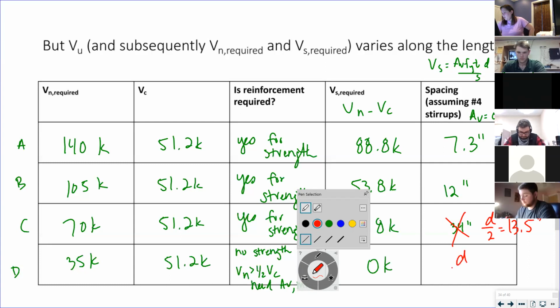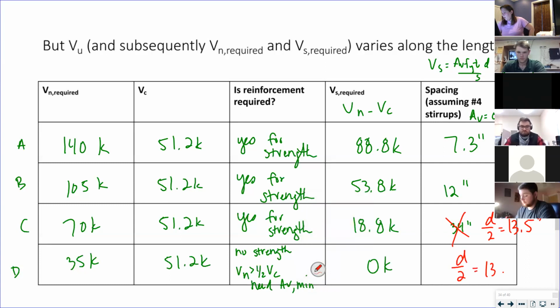Same here. So those are based off of the spacing requirements.